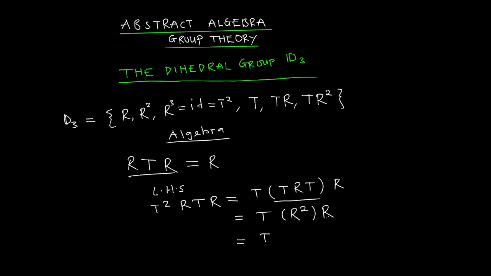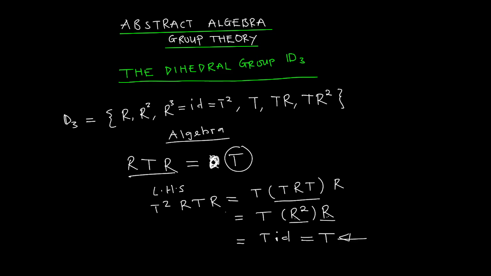So r squared composed with r is equal to what? The identity element, isn't it? So r squared composed with r, that's r cubed, which is the identity element. So t composed with the identity element is t. Oh, so this is not r. This is actually t. Prove that r composed with t composed with r is equal to t.